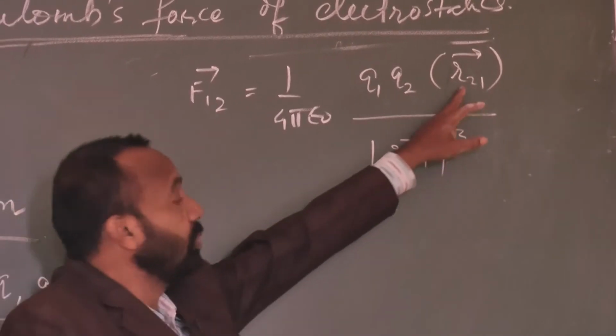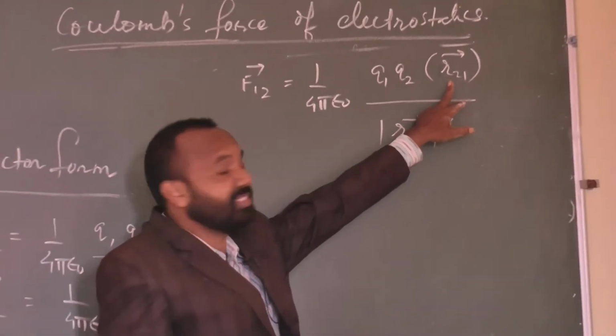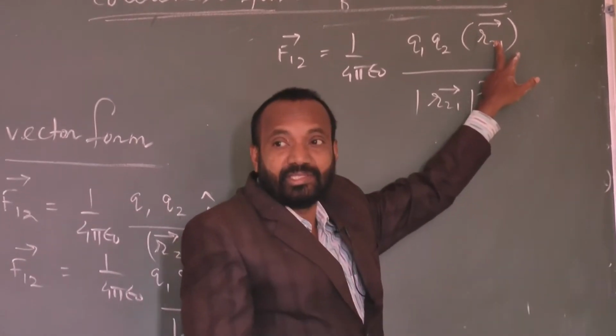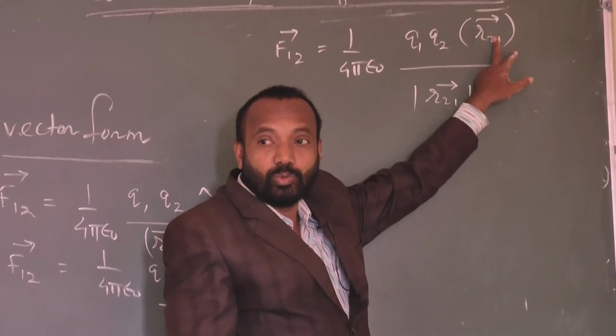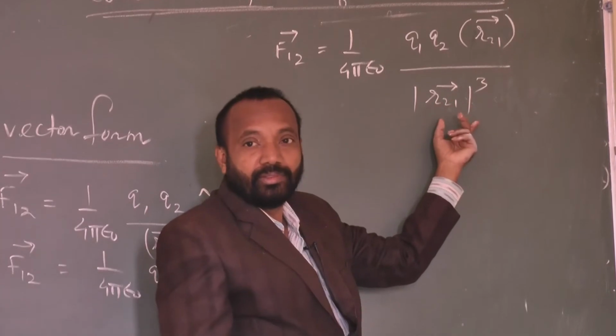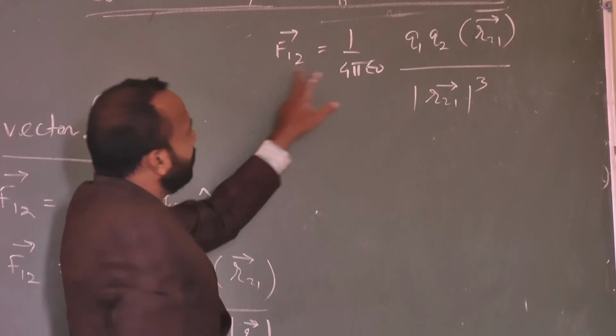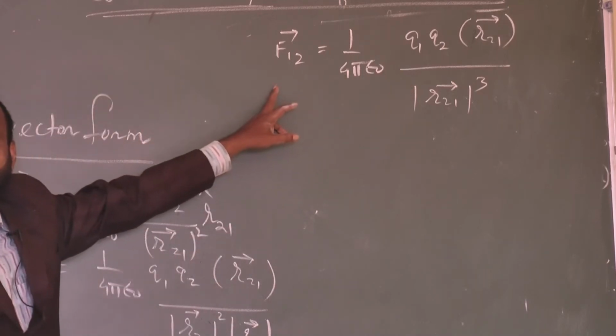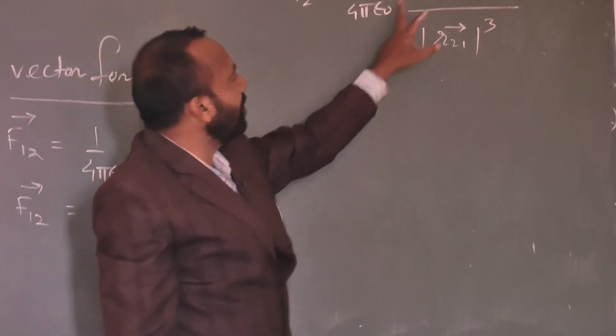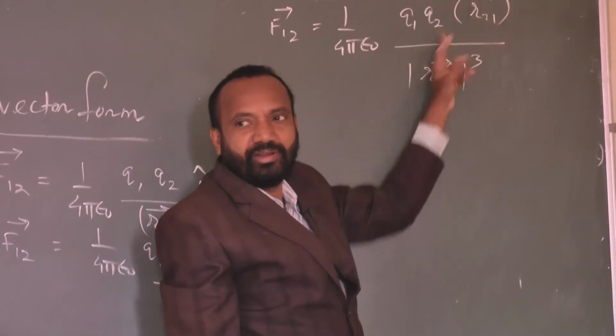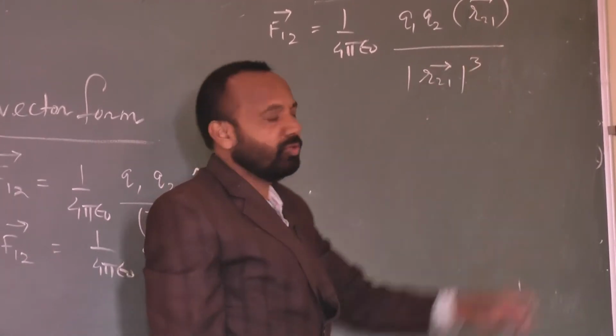Now again I want to express it. What is this? This is R21, that means R1 minus R2. So we can exploit it. So F12 expressed in vector form: 1 by 4 pi epsilon naught Q1 Q2 R21 vector by R21 vector whole cube.